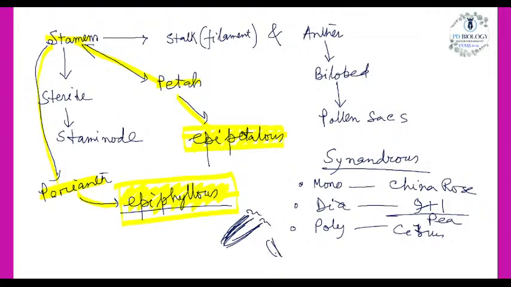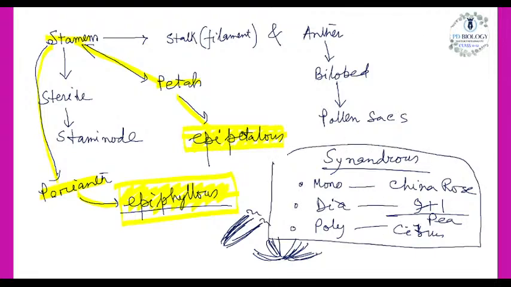They are forming different types of bunches, called polydelphous. So these are the important types of synandrous stamens.